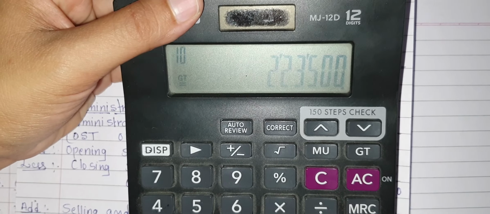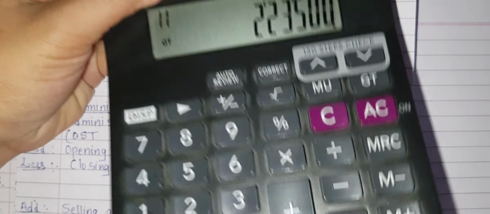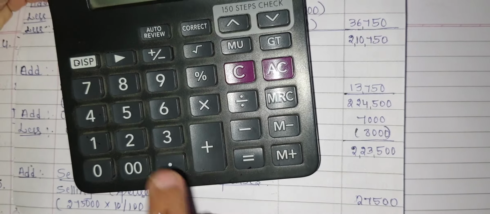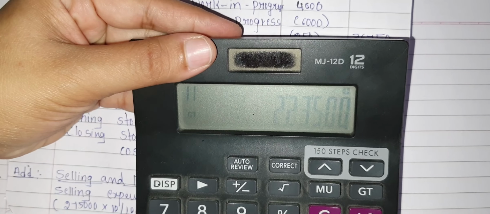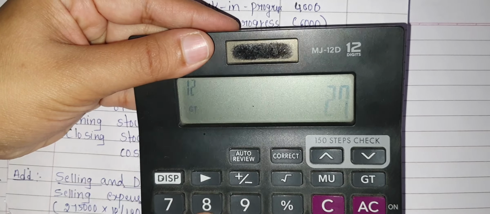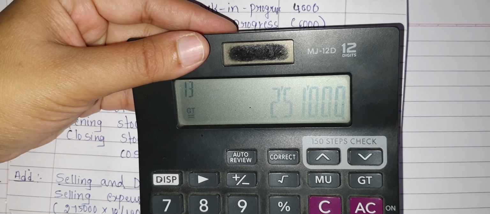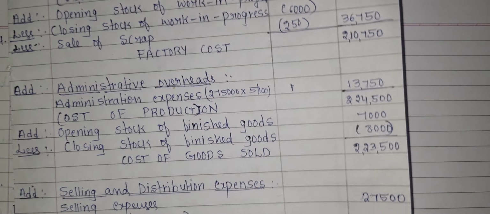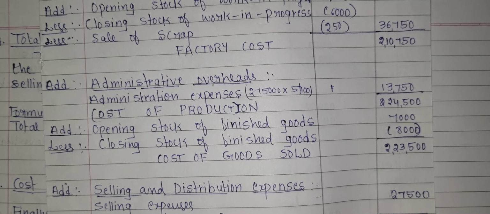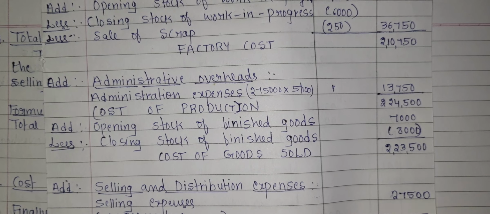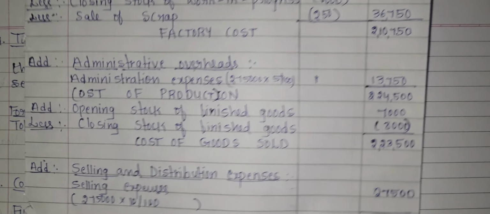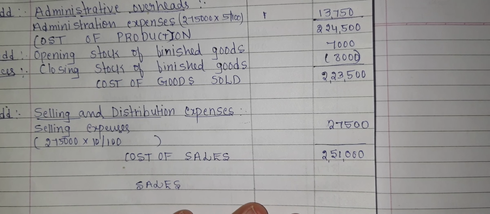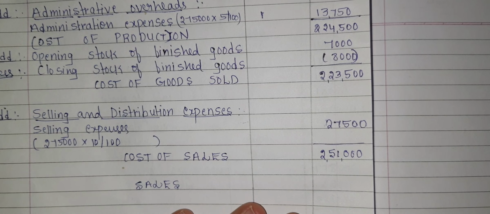That is our cost of goods sold, and plus selling expenses, that is equals to rupees 27,500, that is equals to rupees 2,51,000. So write down cost of sales is rupees 2,51,000. Clear? See here, 2,51,000 is our cost of sales.